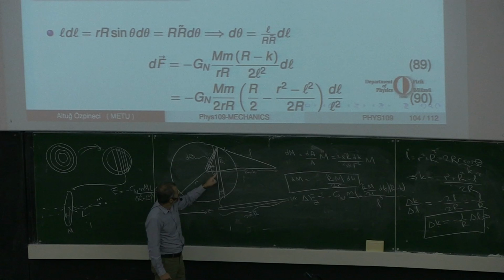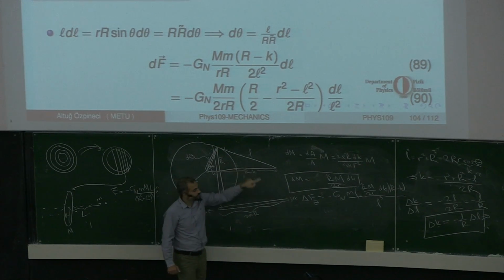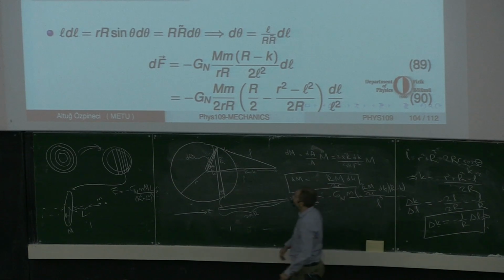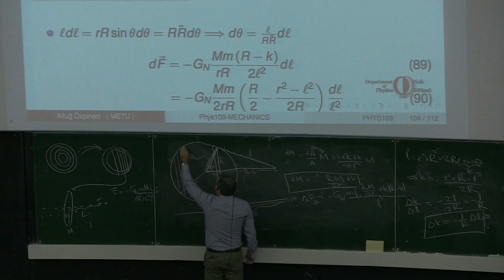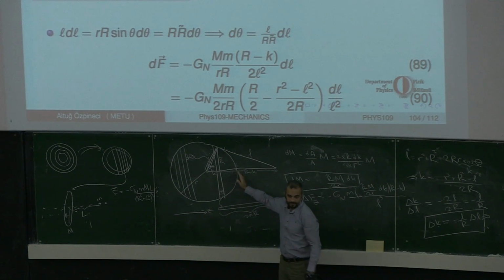So increasing the value of k means going from here to there, but that means the L value is going from here to here. L is decreasing. So that is why I have that minus L over R. Now I'm considering my rings. I have this ring, the second ring, the third ring. I'm summing over all these rings starting from here, and I will be moving up to this point.